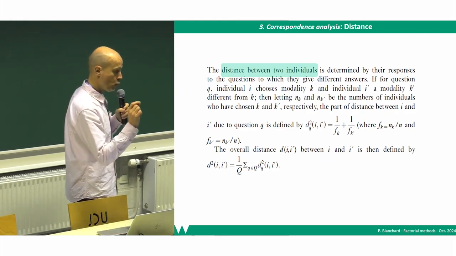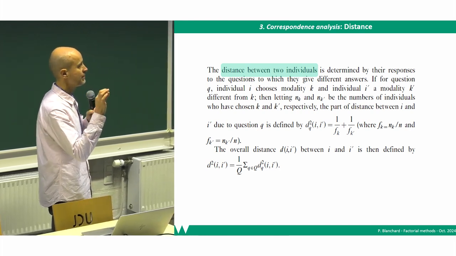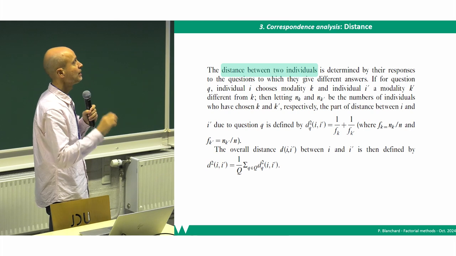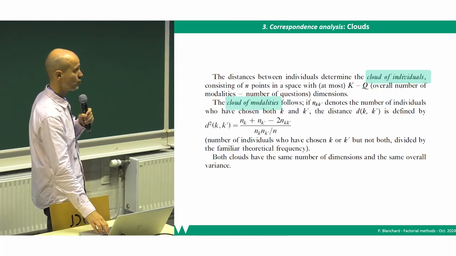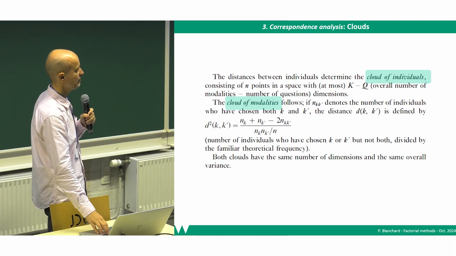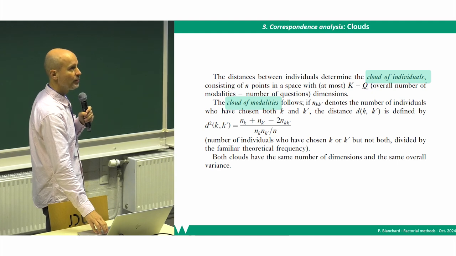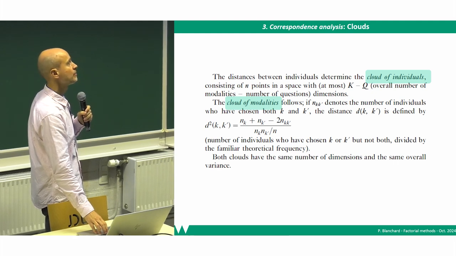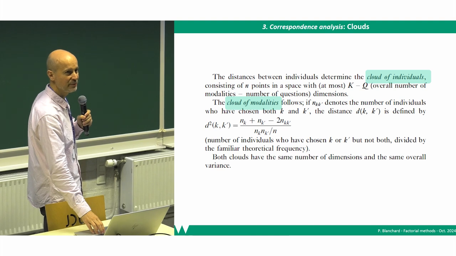Additionally to the core process of diagonalizing the matrices and calculating the factors, we have the concept of distance, which is clearly defined with fairly simple arithmetic, actually. Clouds of modalities or categories, clouds of individuals. Powerful stuff is that you can project together the 2 clouds on the same map. Maybe you've seen that before, you've been puzzled.